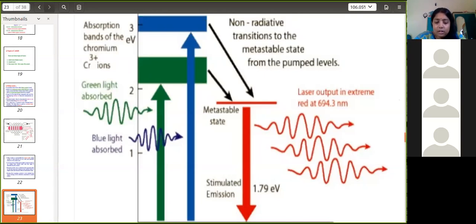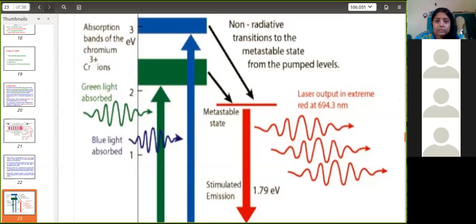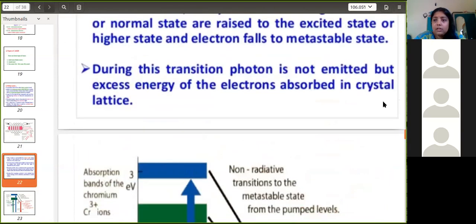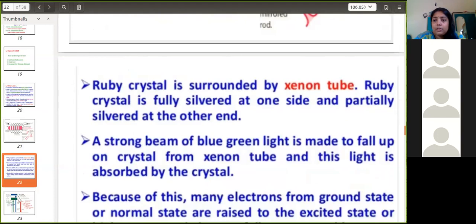Now अभी क्या होगा? Now we will go back to the previous picture.